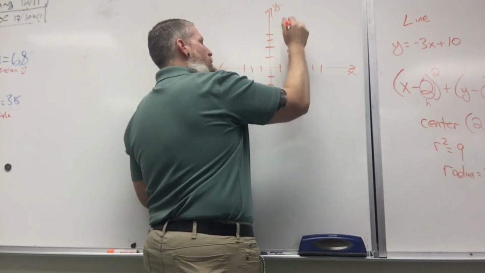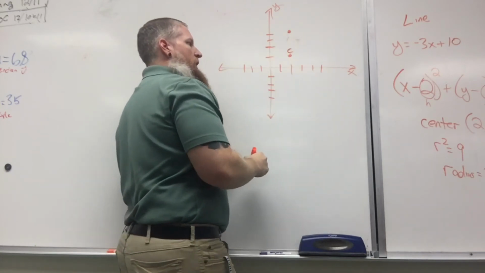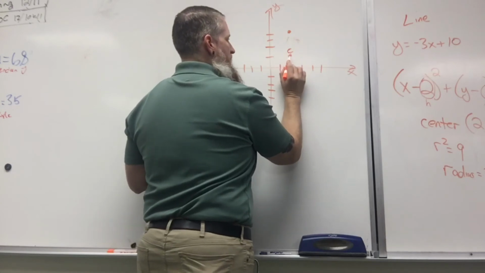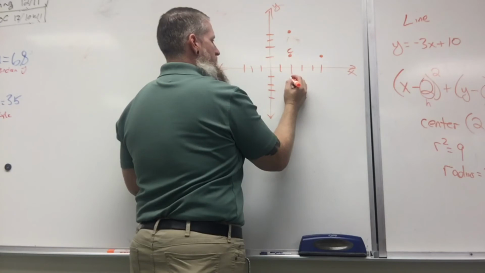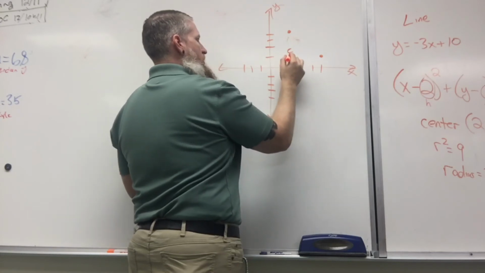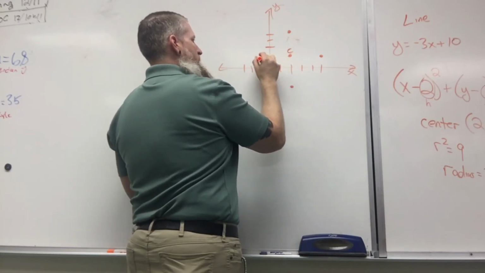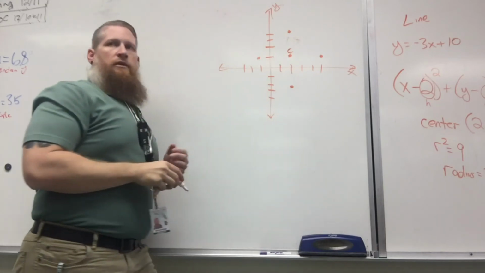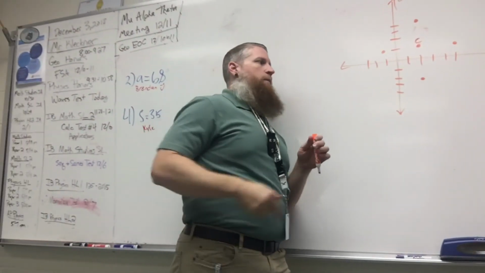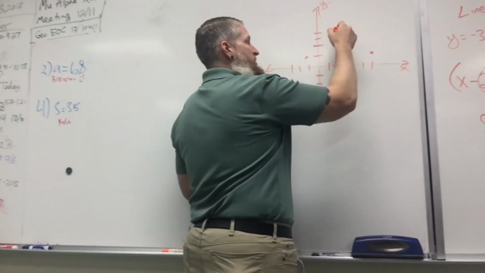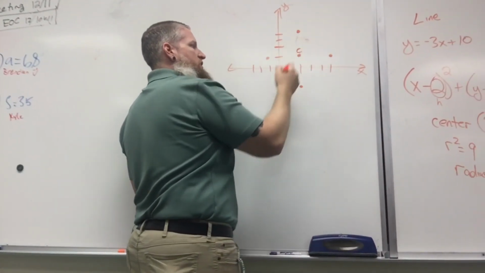So I know that that point right here is on the circle. I can also do it in this direction. I can go 1, 2, 3. That point's on the circle. And I can go 1, 2, 3 down. That's on the circle. And then 1, 2, 3 over. Those are all on the circle. Obviously, this scales me off some because I don't have it perfectly spaced out. But if you did this on graph paper, you would see that all those points should be the same distance from that center.